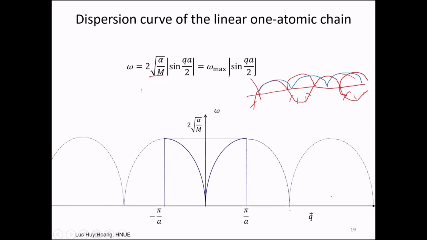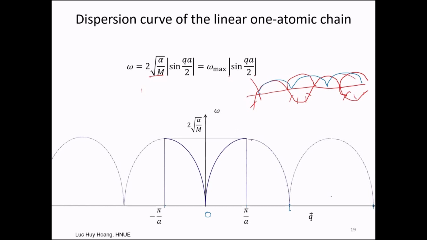So you can select this part. For example, we consider this part only, because the other parts are similar. But in this problem, I select this half, from minus pi over a to pi over a, becoming 0 in the middle.